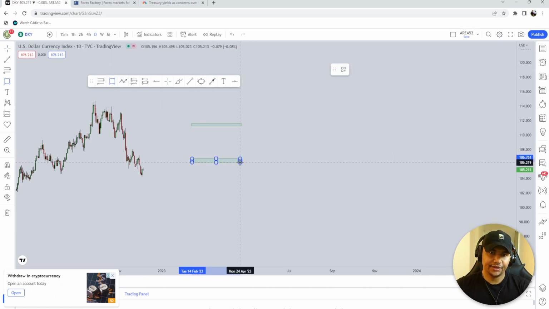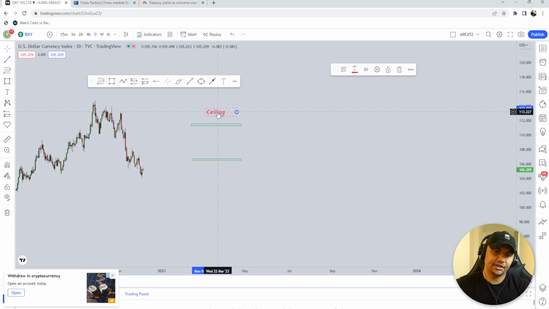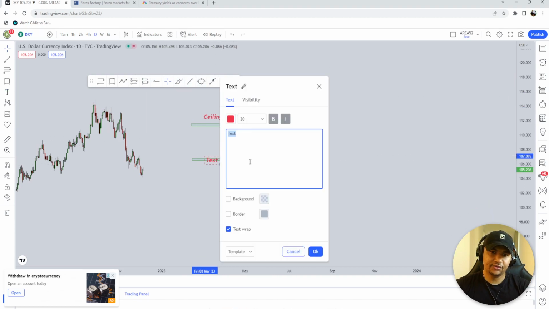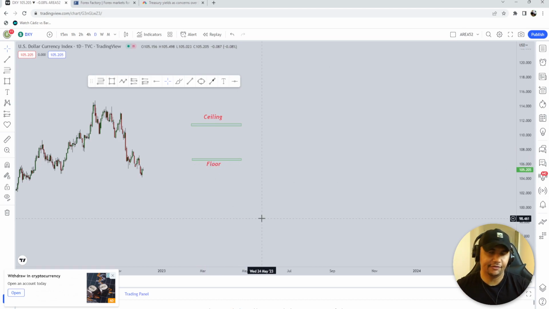So we're going to do this, right? And then we'll go back to there. So we're going to call this resistance. In fact, let's call this the ceiling, okay? Think of the resistance as the ceiling, and think of support as the floor. Now, the floor is the lowest that your house can go, even if you've got a double story, you still have a floor there at the bottom.